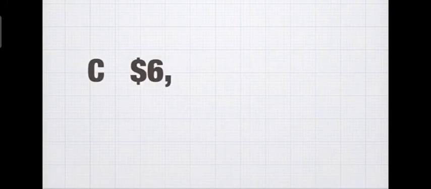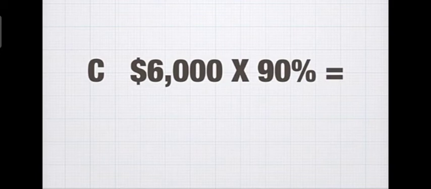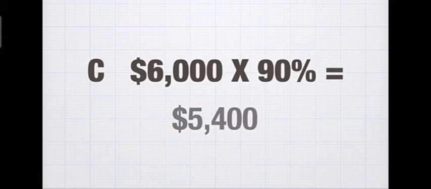Now let's go to the estimated cost. We calculate that this will be $6,000 worth of costs to create the project, and the probability that we can keep the budget at that amount is at 90% certainty. When we run this part of the equation, we see the expected value of costs is $5,400.